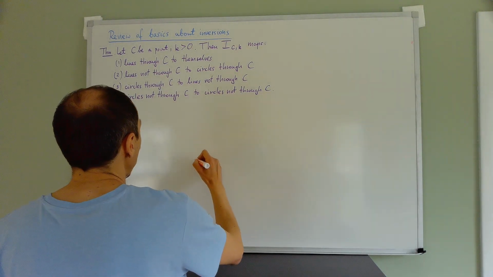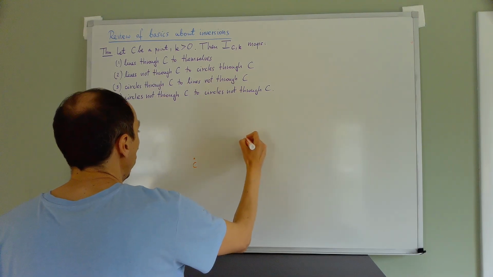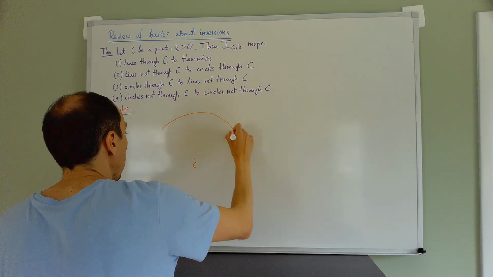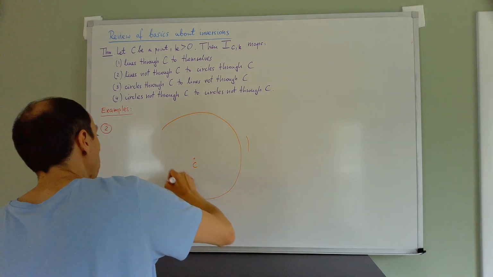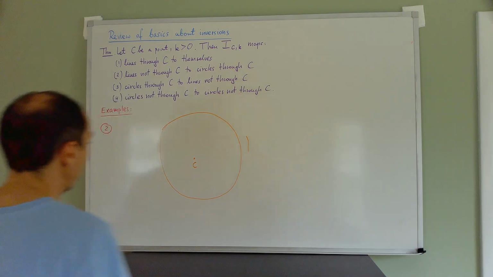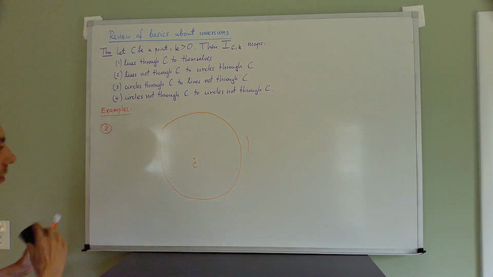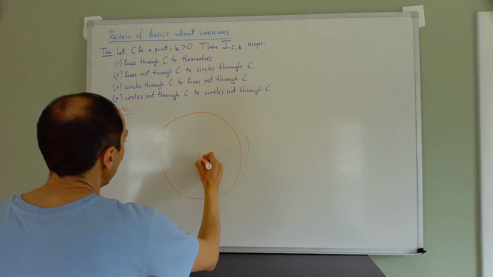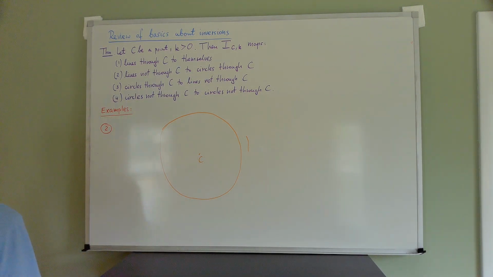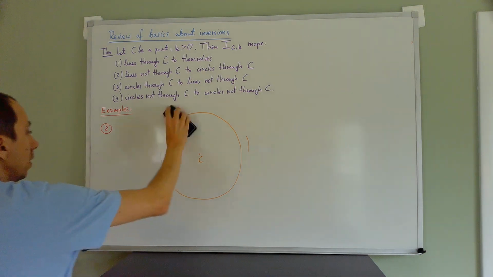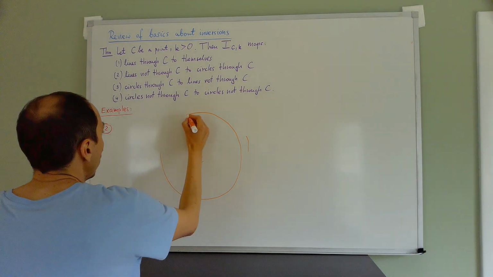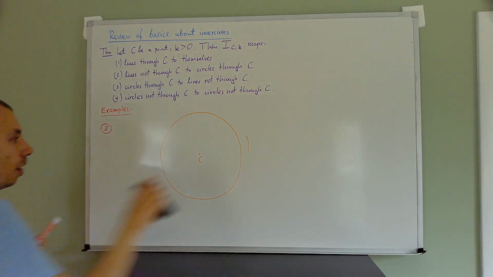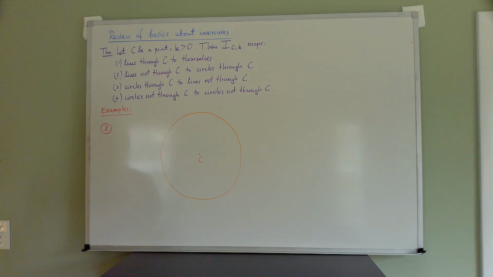So again, we start with a point and a circle. Maybe it's easier to first draw the circle and then decide where the center is. Somewhere here. It's not really nice. Okay, so this is the circle of inversion.